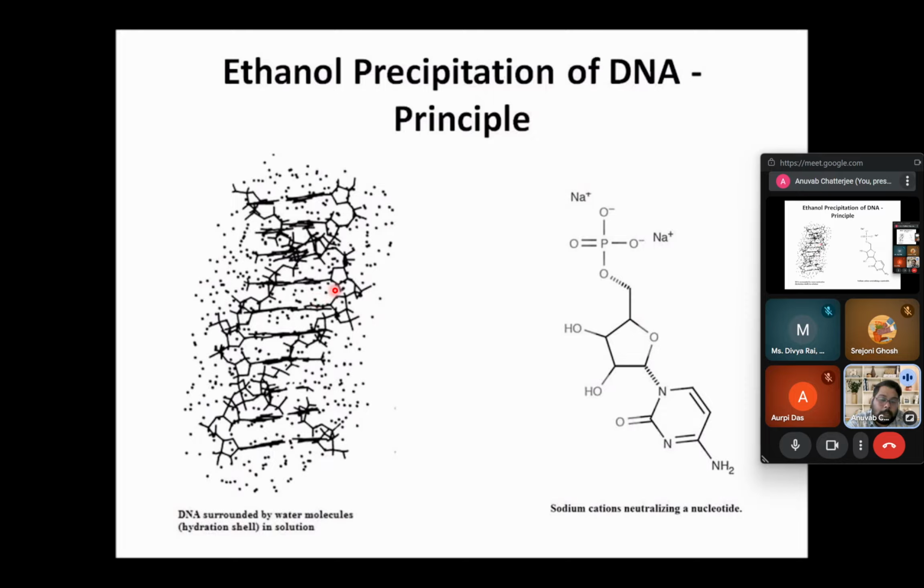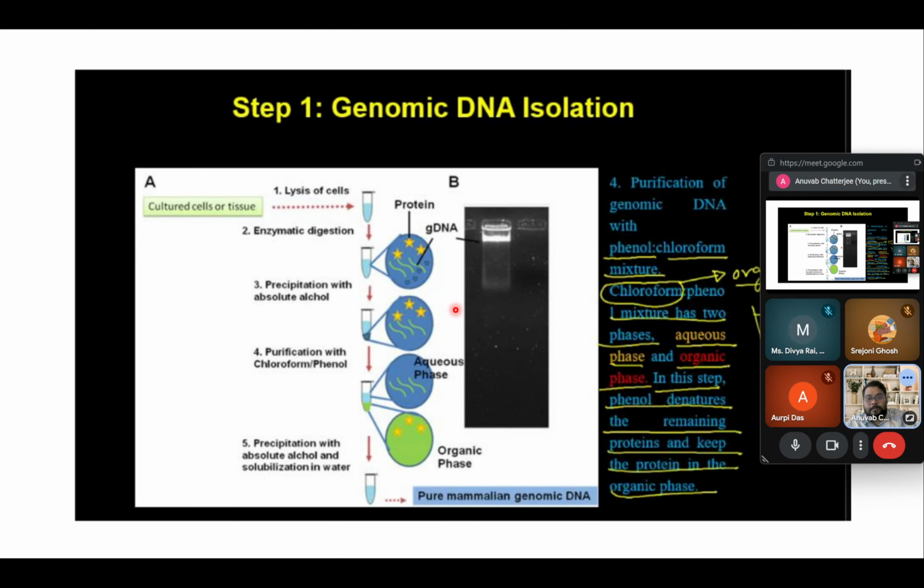So once it comes out of the solution as precipitate, you can centrifuge the tube and you will have a very tiny pellet of DNA, and that should be a very pure DNA which does not have any other impurities. So ethanol is thus used for precipitation of DNA.